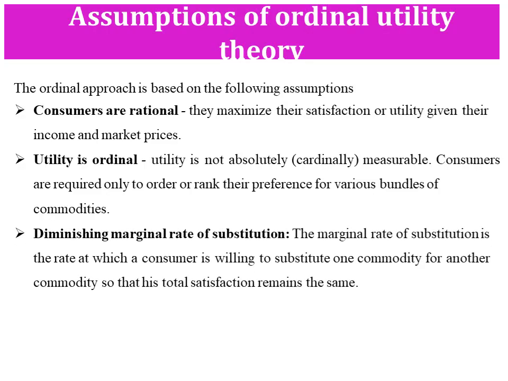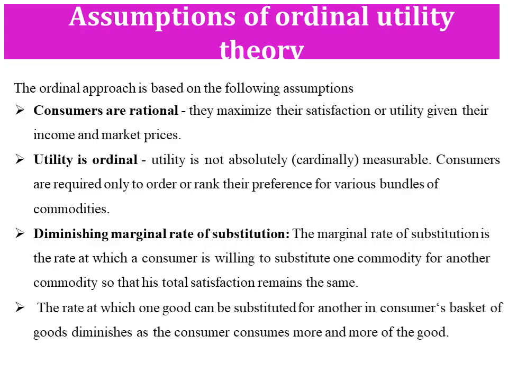The other is diminishing marginal rate of substitution. The marginal rate of substitution is the rate at which a consumer is willing to substitute one commodity for another commodity, so that his total satisfaction remains the same.